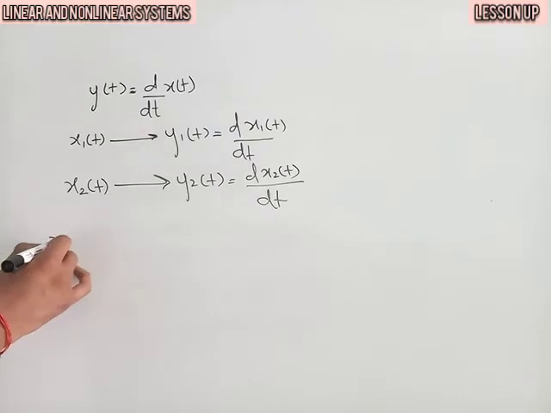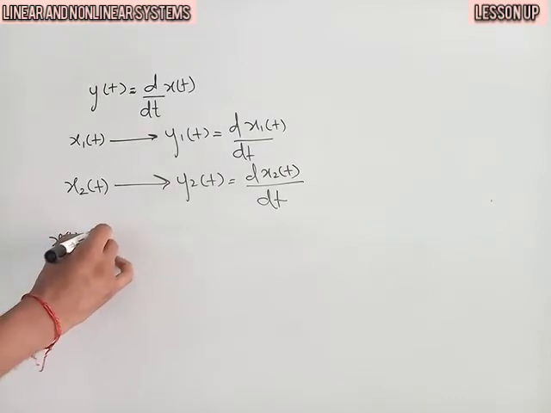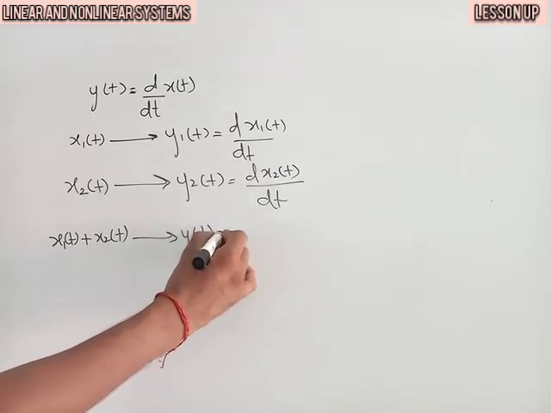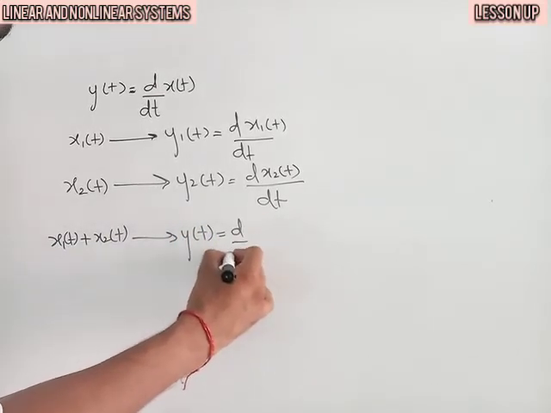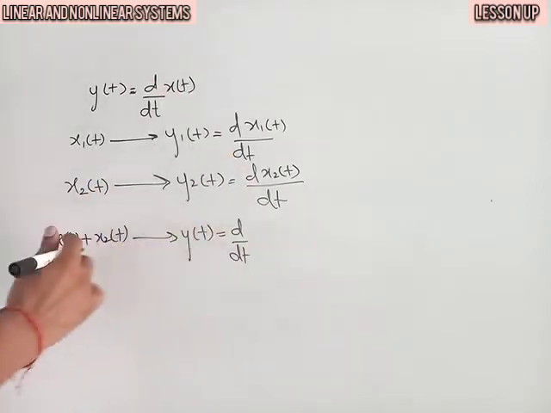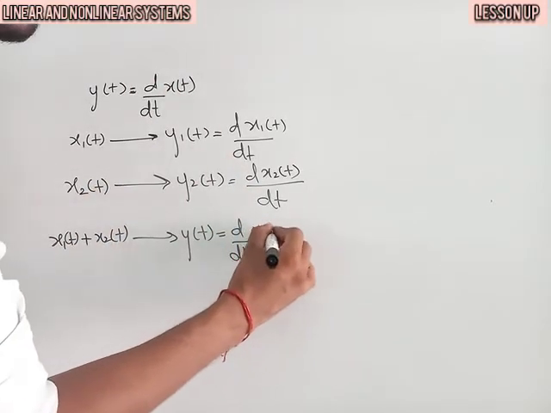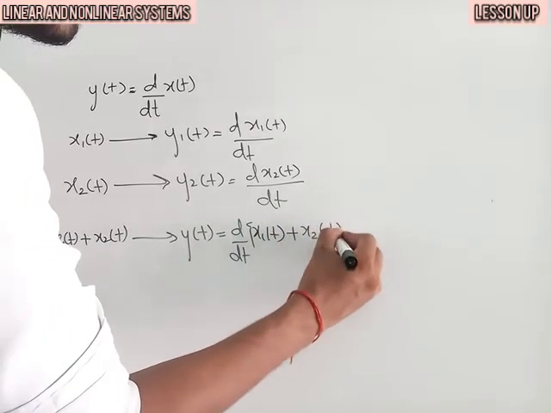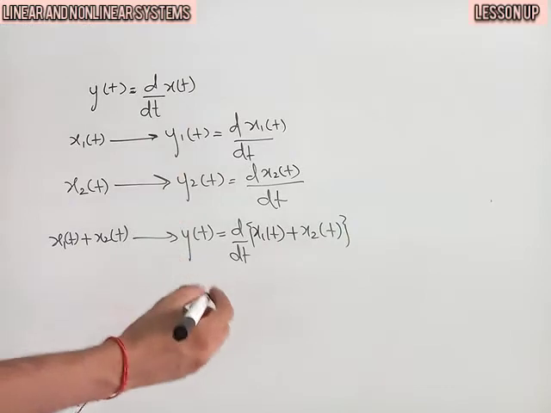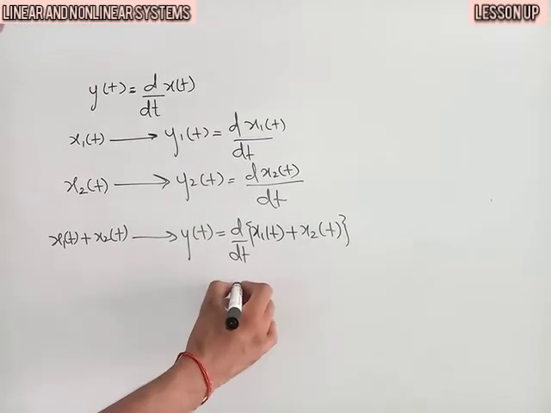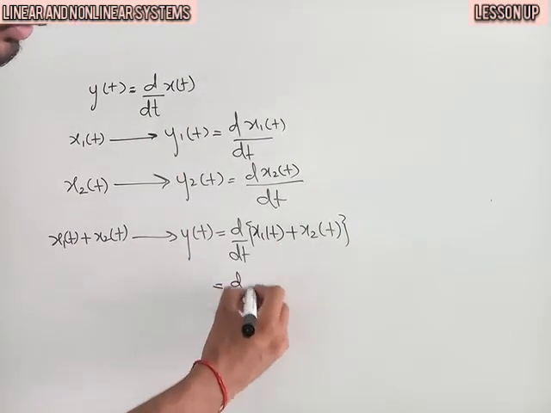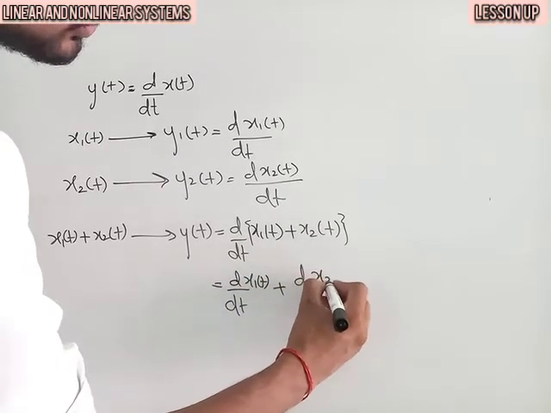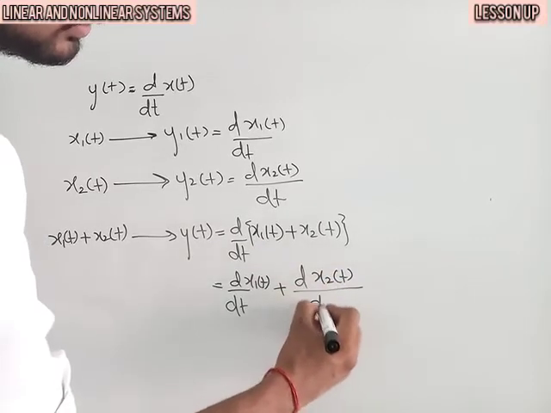If we give x1 of t plus x2 of t, both the inputs, we will get output equal to the differentiation of the input. So, the input is x1 of t plus x2 of t. If we expand this equation, we will get d x1 of t by dt plus d x2 of t by dt.